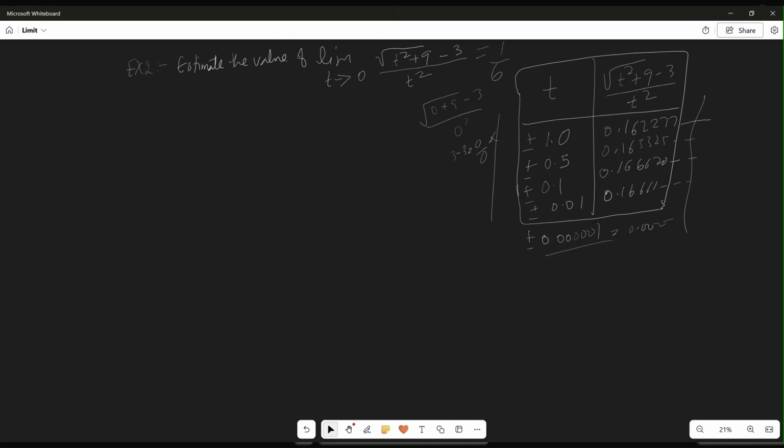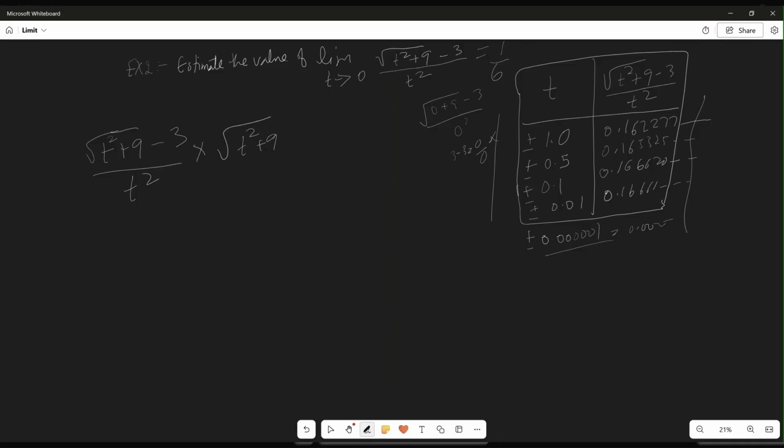But here's another approach, just in case it's helpful. As you already noticed in the previous video as well, let's try to simplify the function itself, because we already know this function is undefined at t equal to 0. So let's see if we can simplify this function real quick.